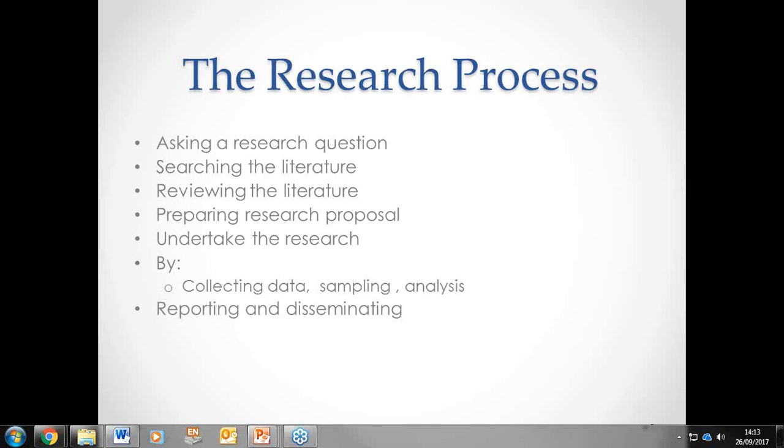It should have a literature review, it should have some sort of research proposal statement, so a research aim, it should have a data collection phase, some sort of discussion about sampling, a data analysis stage, and then some conclusions drawn from it.